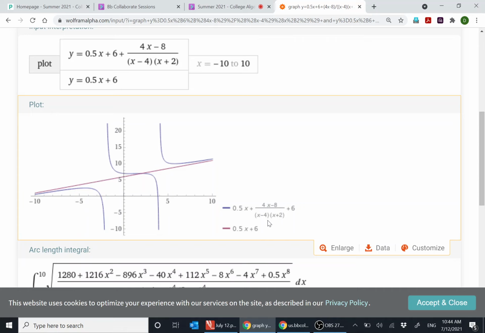So it's pretty neat. This is often called a slant asymptote. When the degree of the top exceeds the degree of the bottom by 1, you have this slant asymptote, a linear asymptote. If it exceeds by 2, then you have this parabolic asymptote, and so on and so forth.